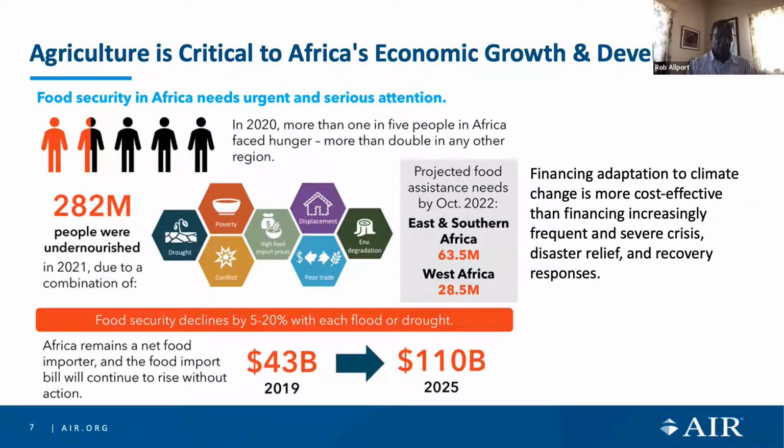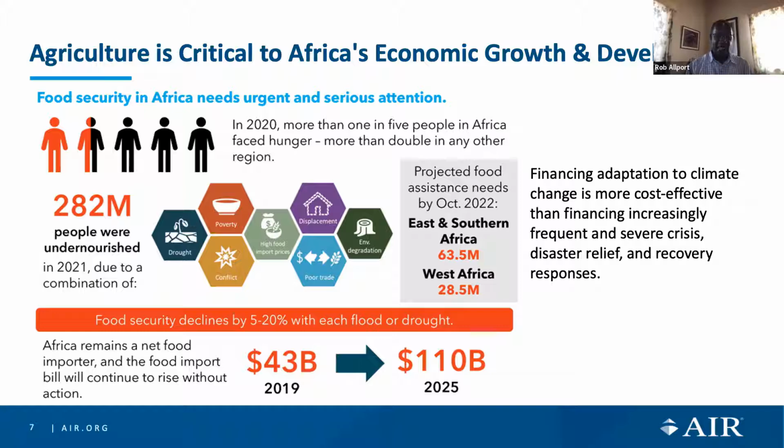According to a UN report of 2021, there were 282 million people undernourished in Africa in 2021 due to drought, conflict, displacement, ecological degradation, and other factors.